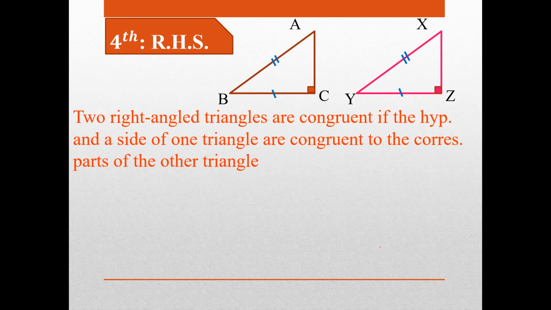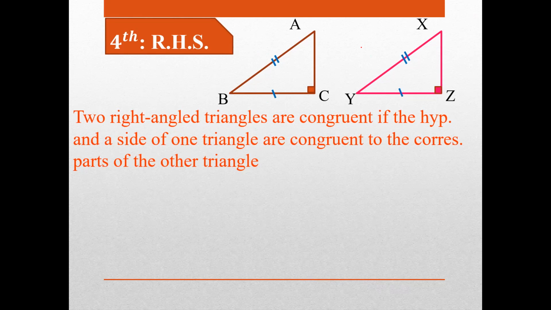Two right angled triangles are congruent if the hypotenuse and a side of one triangle are congruent to the corresponding parts of the other triangle. But we said that in each case we have three conditions.